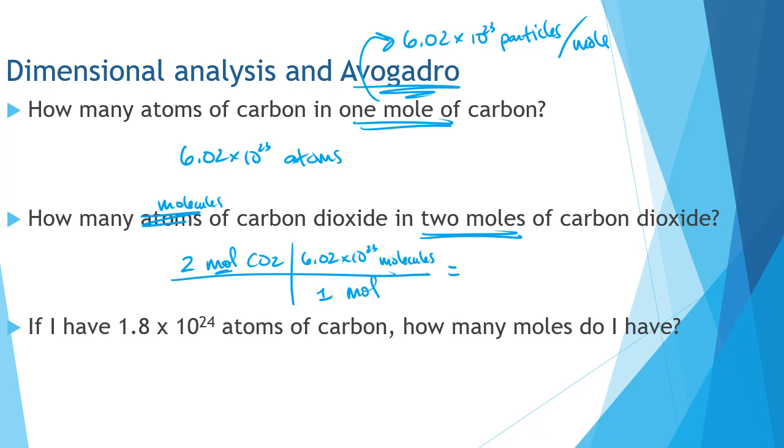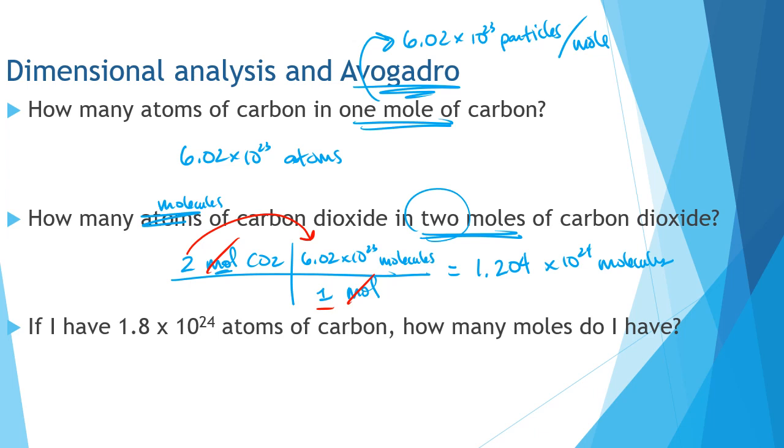So my moles, top and bottom, cancel out. I'm going to multiply across the top, 2 times 6.02 times 10 to the 23rd, divided by that 1 on the bottom, which doesn't do anything. So 2 times 6.02 times 10 to the 23rd gives me 1.204 times 10 to the 24th molecules of CO2. Good. I'm not going to worry about sig figs because I've got a word number here.